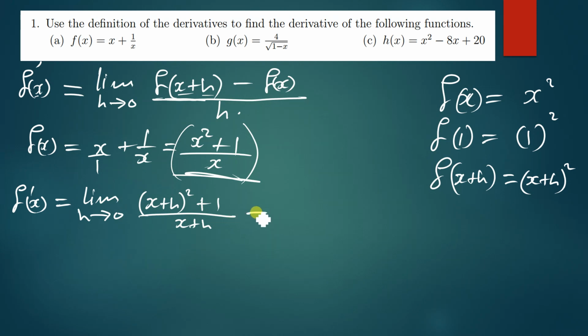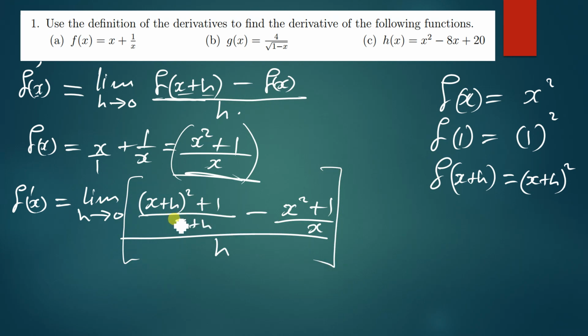And then minus f of x. f of x is simply that same function, x squared plus 1 over x, and then everything divided by h.